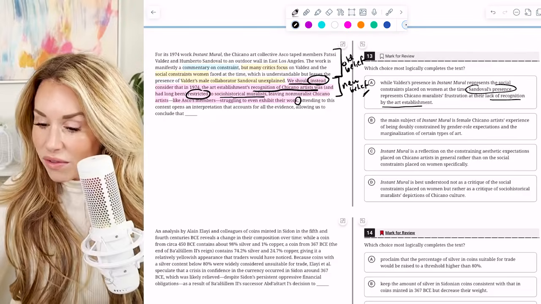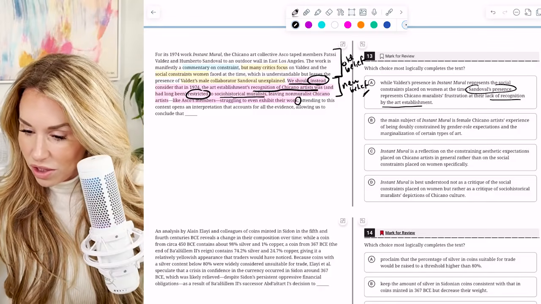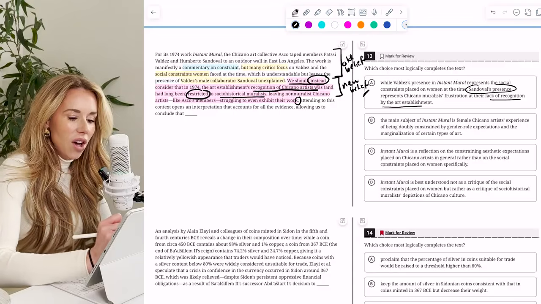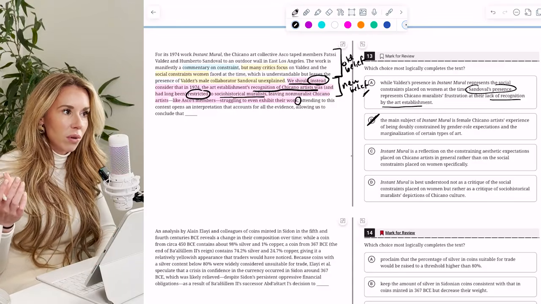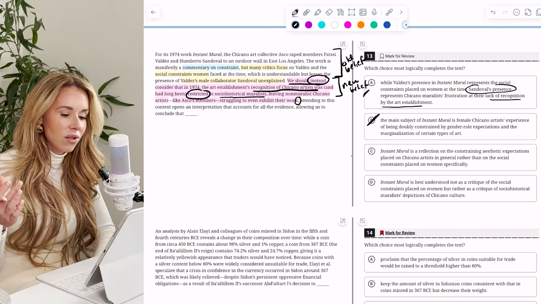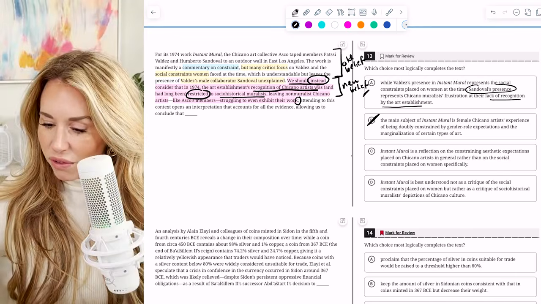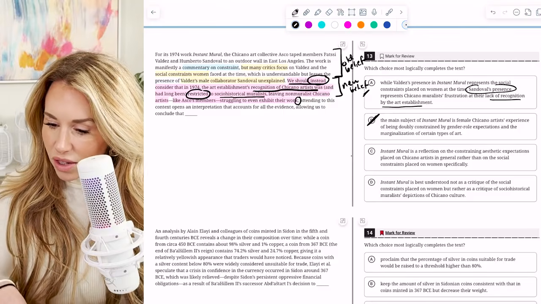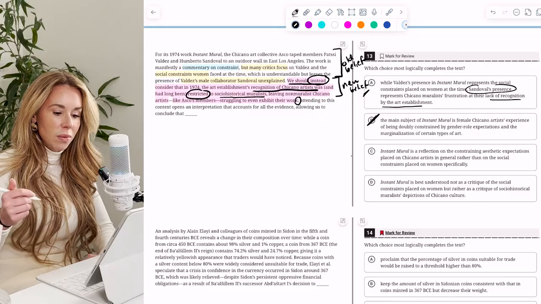The main subject of Instant Mural is female Chicano artists' experience of being doubly constrained by gender role expectations and the marginalization of certain types of art. No, that's not right, because they don't continue to say in the new belief it has anything to do with gender roles. Gender roles is irrelevant to the new belief. Instant Mural is a reflection on the constraining aesthetic expectations placed on Chicano artists in general, rather than the social constraints placed on women specifically.